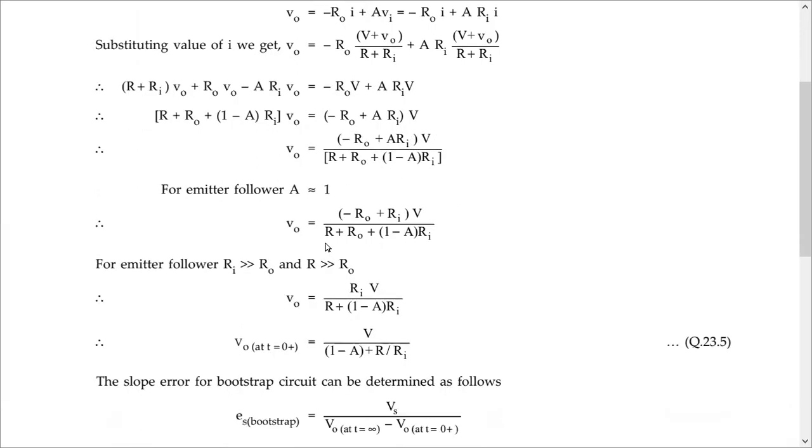Input resistance is high and output resistance is low for a voltage amplifier, and the same is valid for the emitter follower circuit. So we can again neglect the R naught here, and the R naught here.